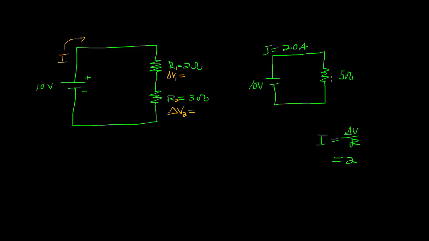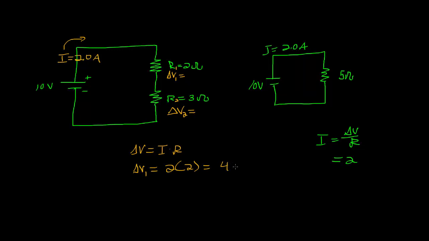Alright, now we go back one step. Boom. So my current here is 2 amps. So I got 2 amps across this, and I got 2 amps across this. So I want potential difference. Well, potential difference is Ohm's law rearranged, IR. So potential difference 1 would be the current, 2, times the resistance, 2.